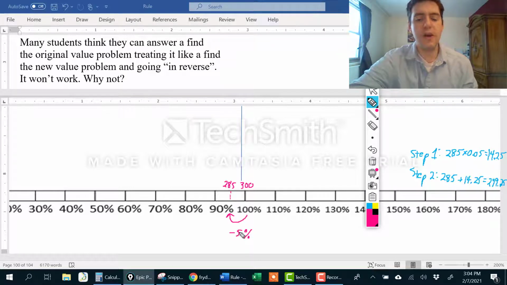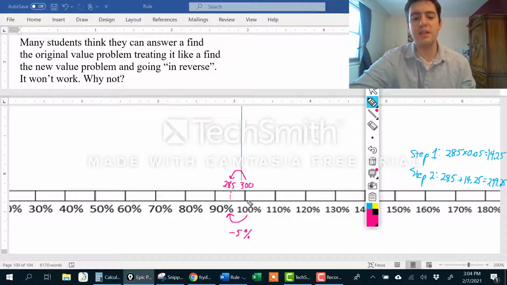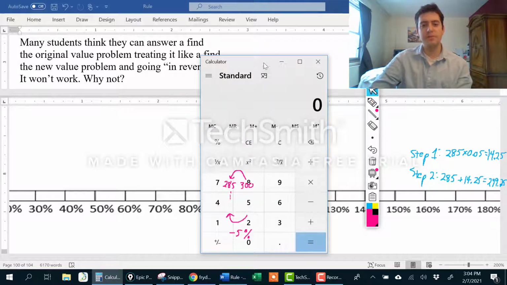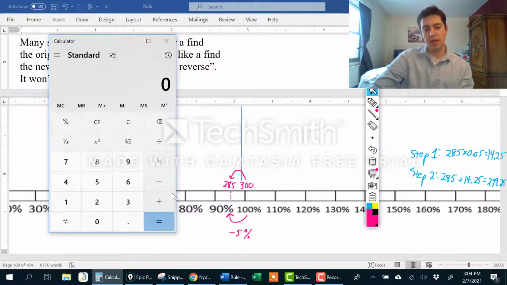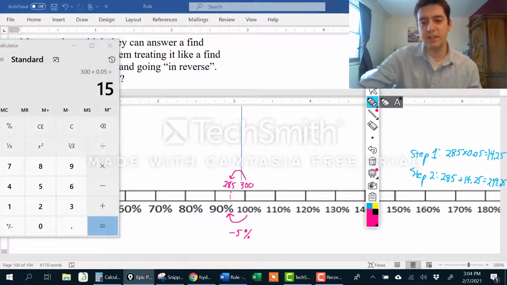Well, I know it decreased by 5%. How much is that in dollars? In other words, what is 5% of the 300 that he had originally? I know I did this earlier in this video already, but just to show you again, I'm going to do 300 times 0.05, and that is 15.